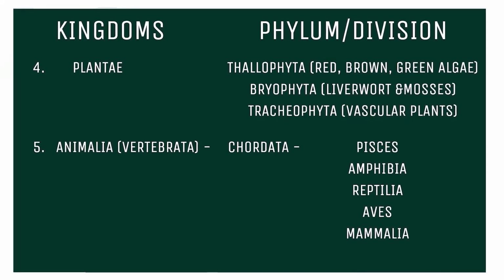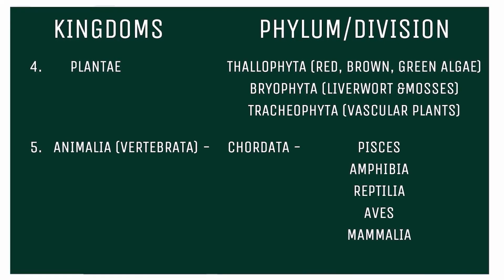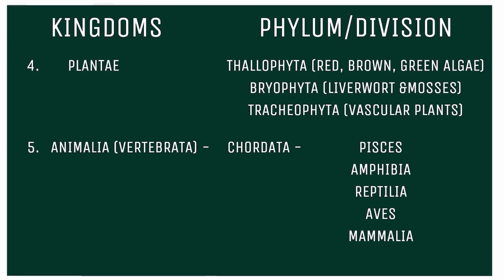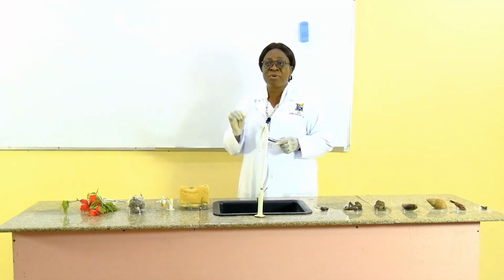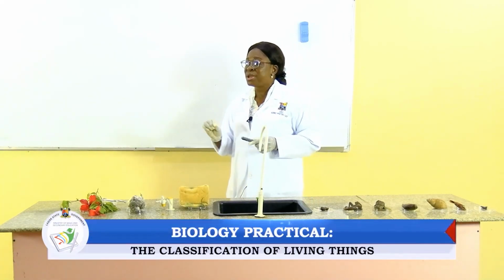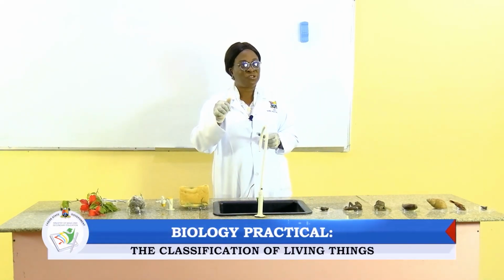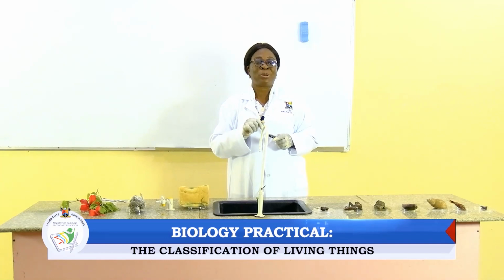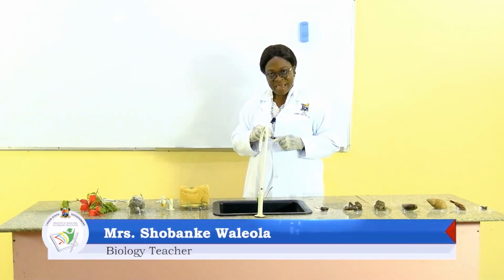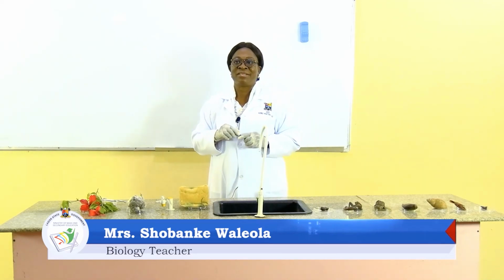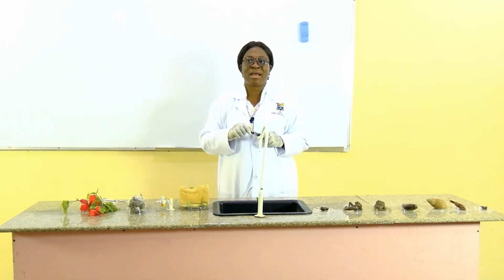The next kingdom is Kingdom Plantae. Under Plantae, we have Thallophyta. Thallophyta are the red, the brown, and the green algae. And I'm sure you know the example of a common green algae. Yes, Spirogyra. Spirogyra is a green algae.